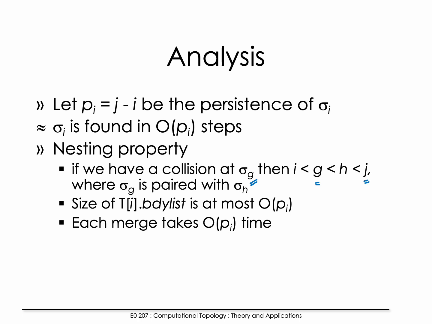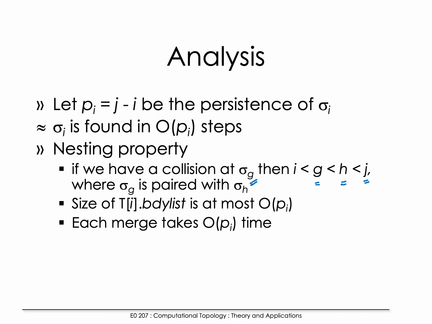But we know that sigma sub h has to have already been inserted. So h has to lie between g and j, this is the reason you actually have a collision. You know that g's pair is found, so h has to be between g and j. So the size of the boundary list cannot be more than p sub i, right?